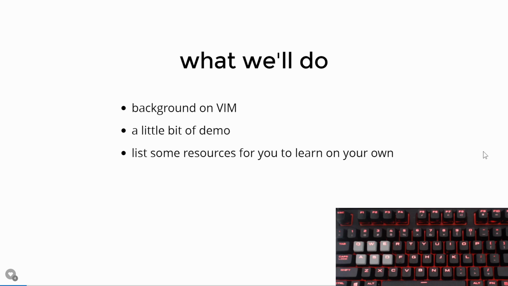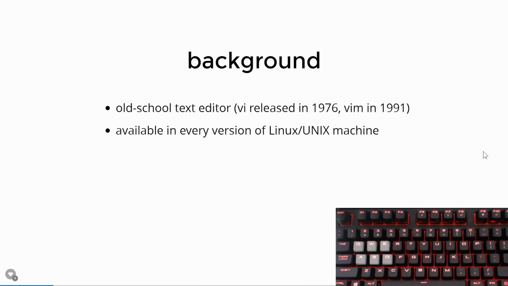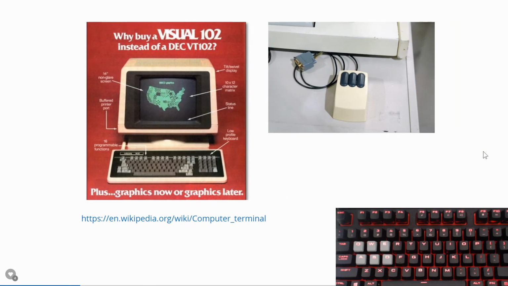Now, talking about Vim history, this is a text editor that's been around for a long time, since the 70s. That's almost 50 years ago now. It is still available in every version of Linux or Unix machine. But if you think about back in the 70s or 80s, computers were not as sophisticated as what we have now.